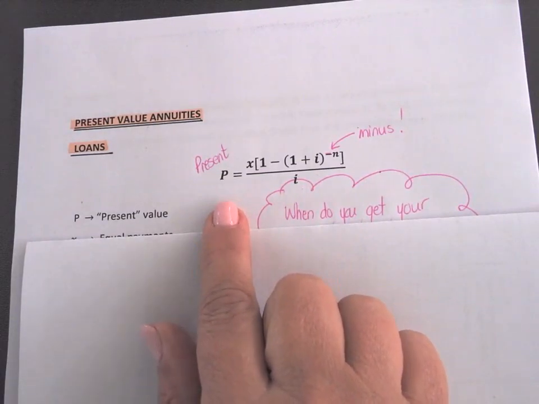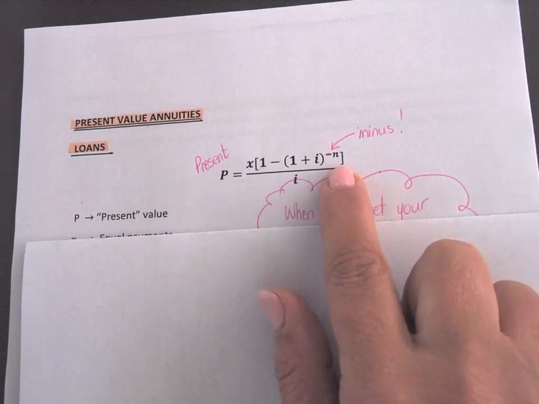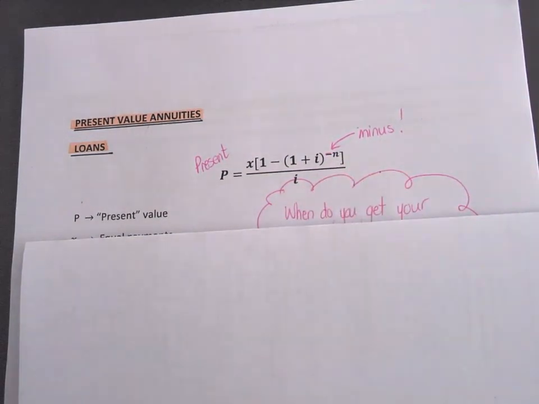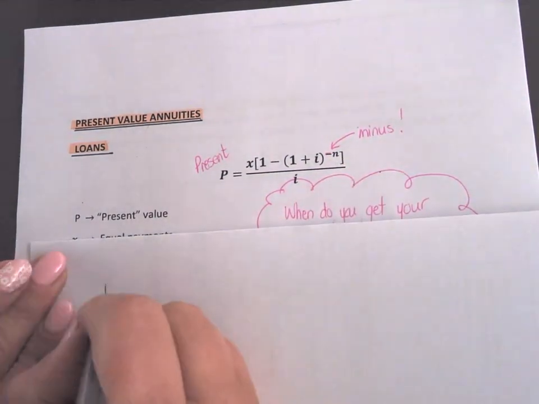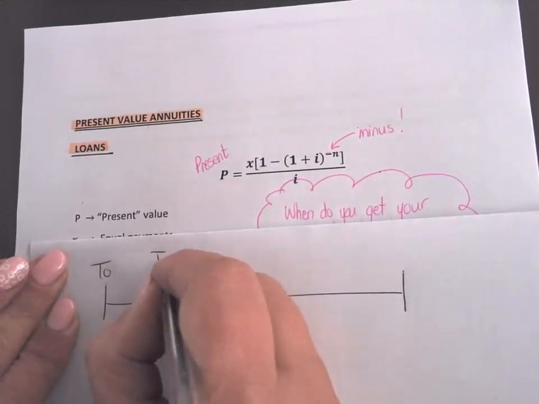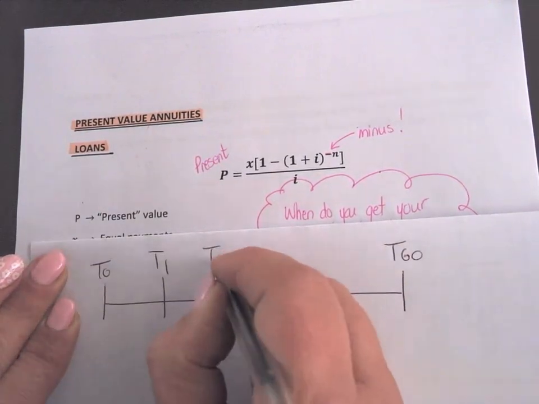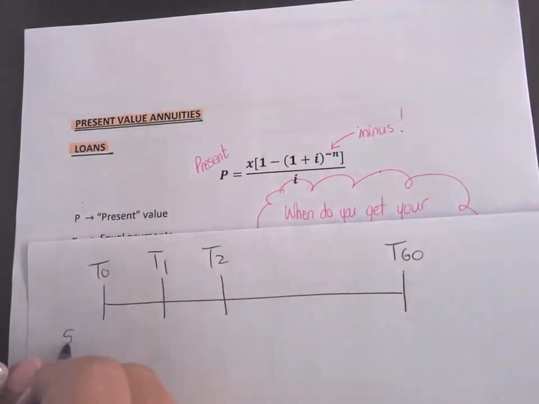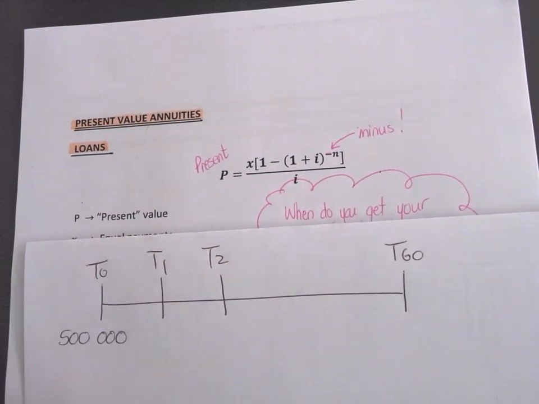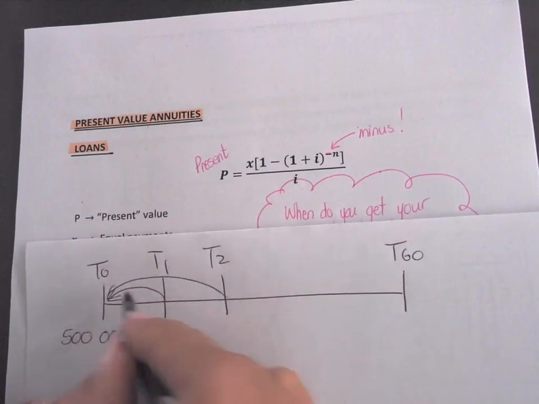Now what's important about this is our N is negative. Why is it? If this is your timeline, and you receive your money now to buy the car, it means that you repay backwards.